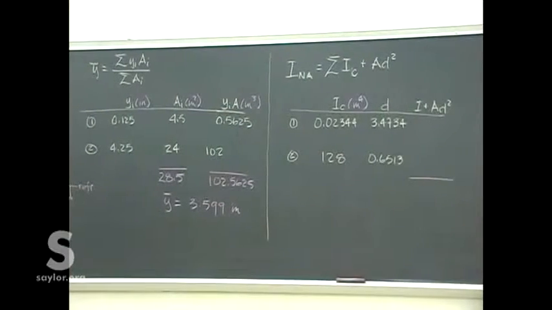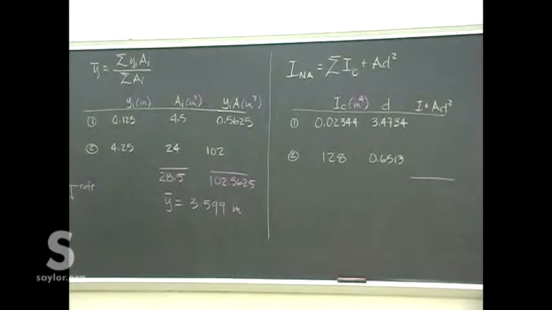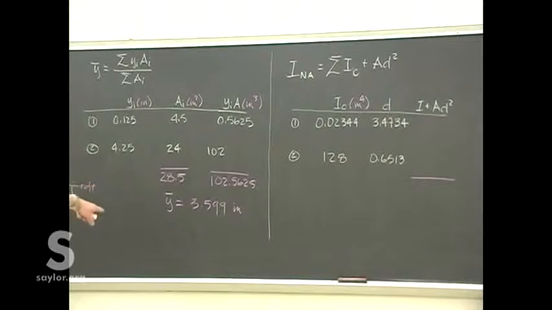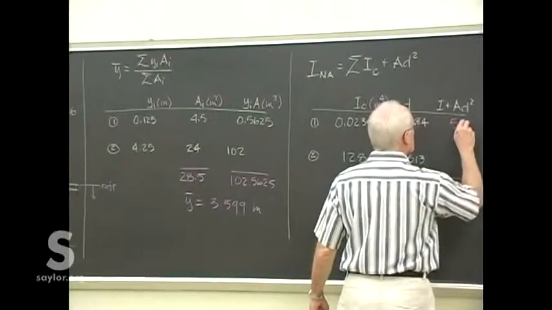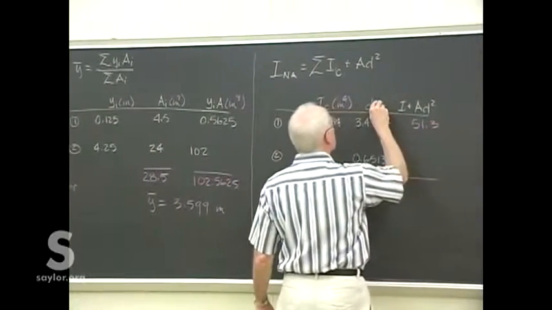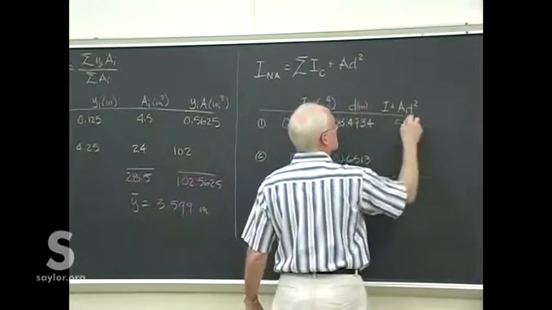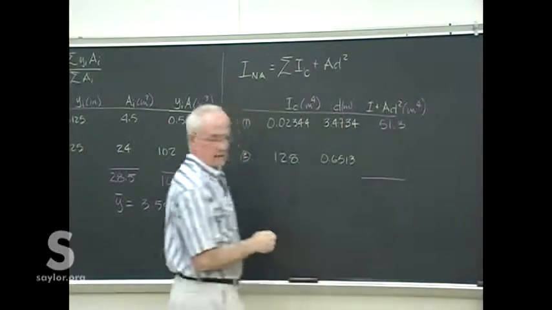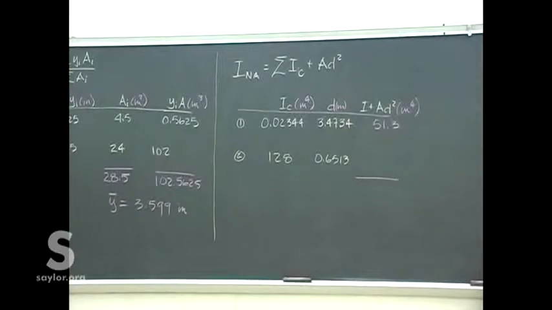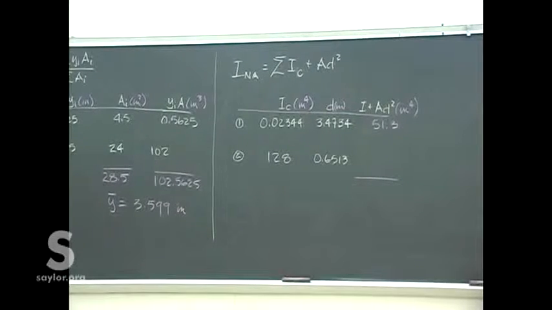One of the few times we don't have to worry in the least about minus signs. Okay, so AD squared, A we've already got from the first table, D squared. This becomes 51.3. By the way, that's inches. This is still inches to the fourth. So 51.3 on that last one.